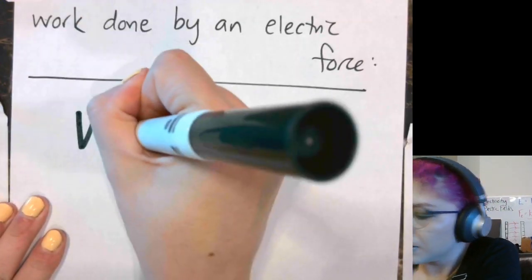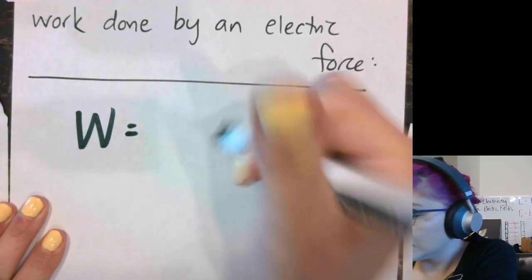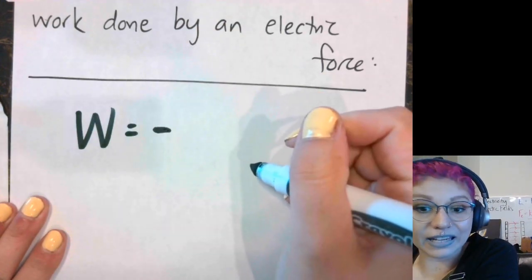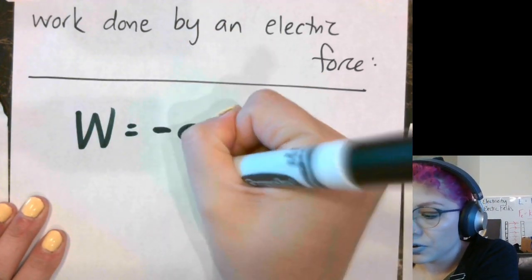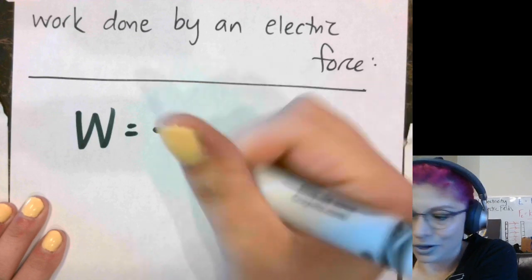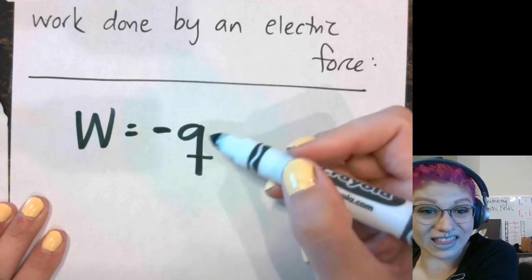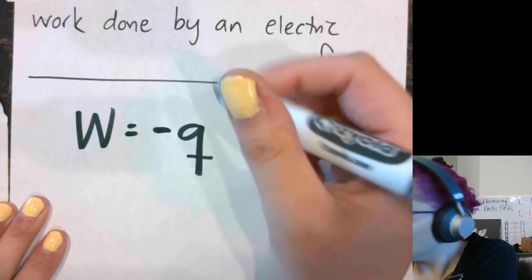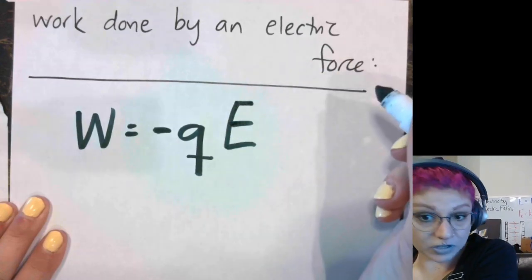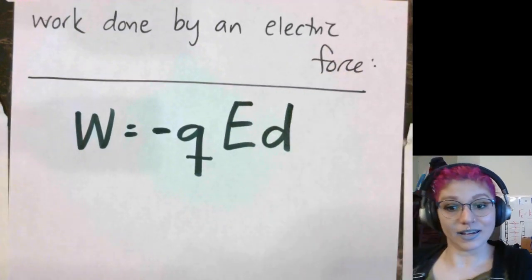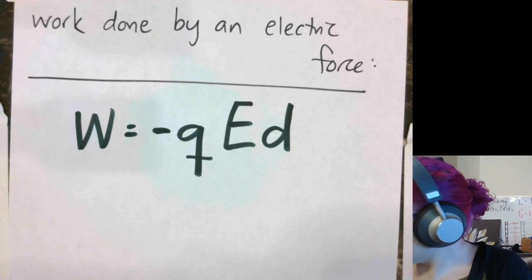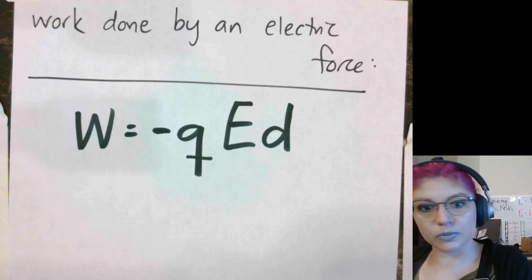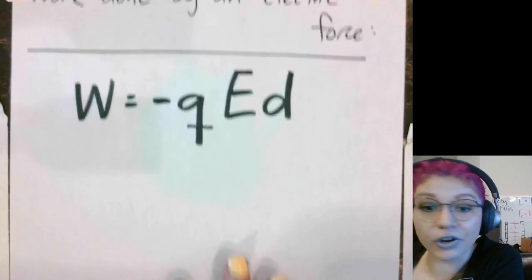The work is equal to the negative value of the charge, Q. So I'm going to put this little line through it to indicate that this is a Q, okay? Times the electric field times the distance, okay? Let me write out all those variables so that you have a reference point.